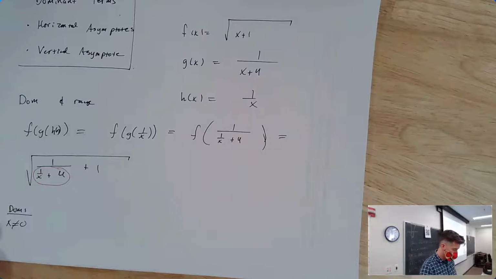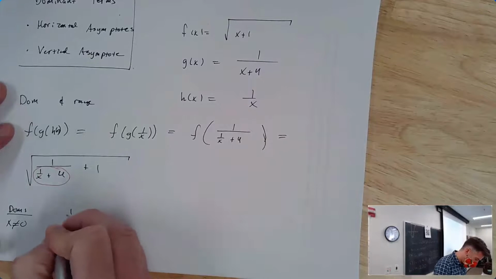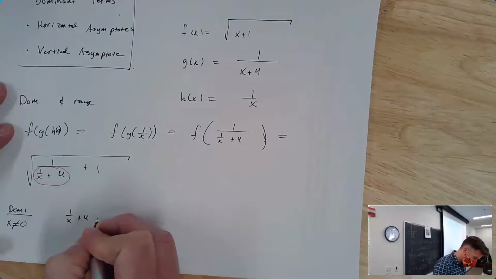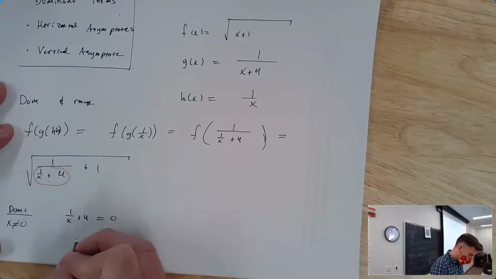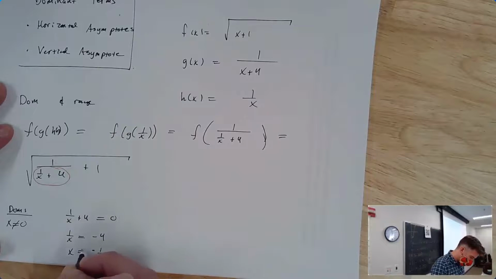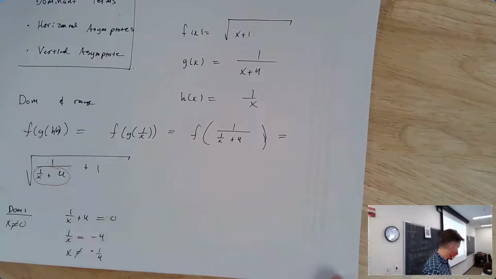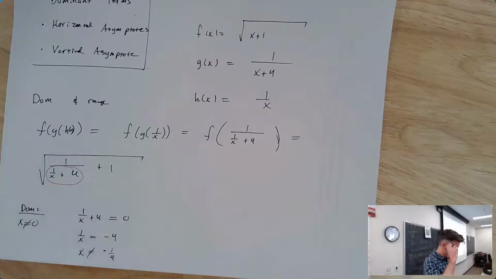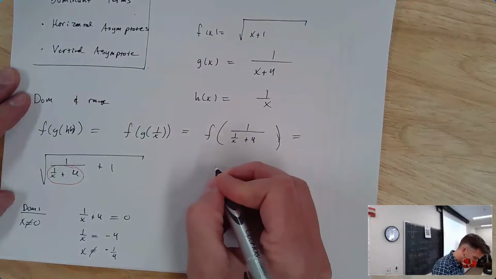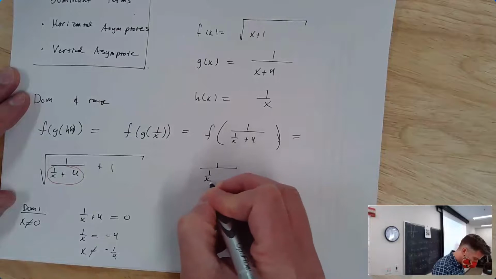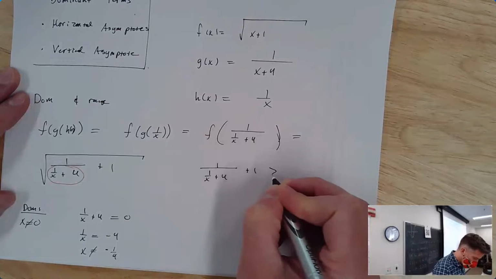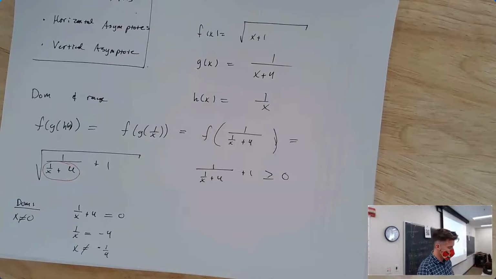So 1 over x plus 4 shouldn't be 0, so 1 over x shouldn't equal -4, so x shouldn't equal -1/4. Great. And then we also need that whole thing inside to be non-negative, so we need 1 over x plus 4, plus 1, to be greater than or equal to 0.